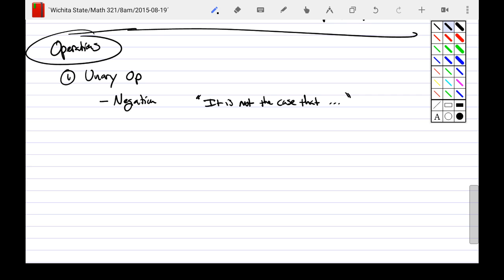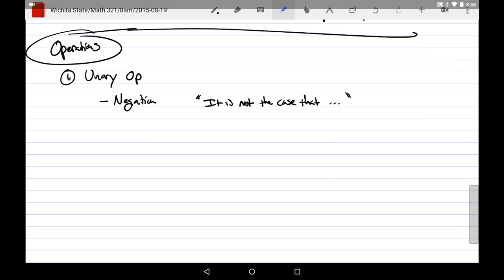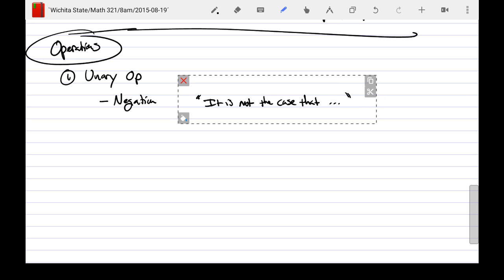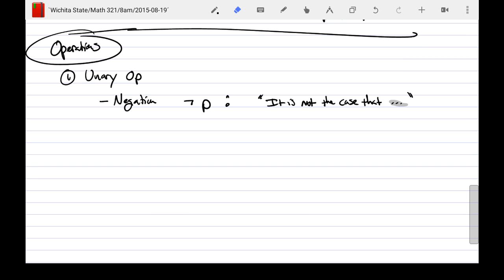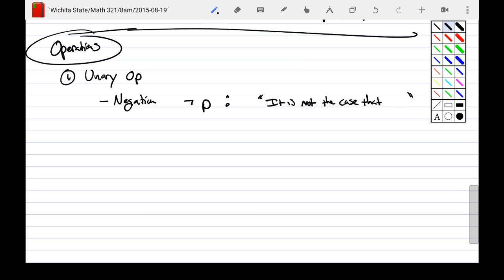By throwing those English words in front, it is not the case that. So it is not the case that will flip a thing that's true into a thing that's false, and a thing that's false into a thing that's true. And so the way we normally denote this symbolically would be to say not P, and that is denoted by it is not the case that P, whatever P is.